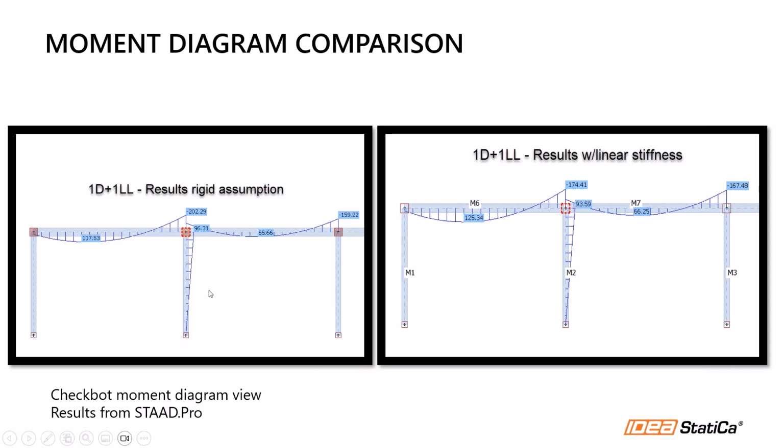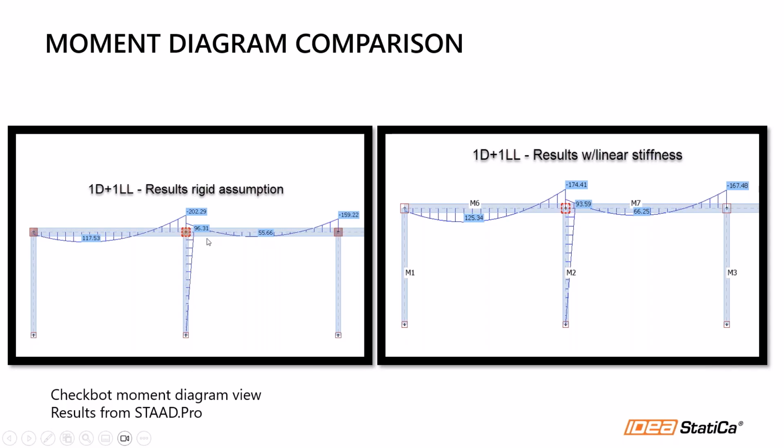And also you can update the model with the load changes, so that's why I have the two models in just one Checkbot, let's say. Then I took the screenshot for the rigid assumption results and with the linear stiffness assumption, or the spring constant, right? And of course the results are from STAAD.Pro.